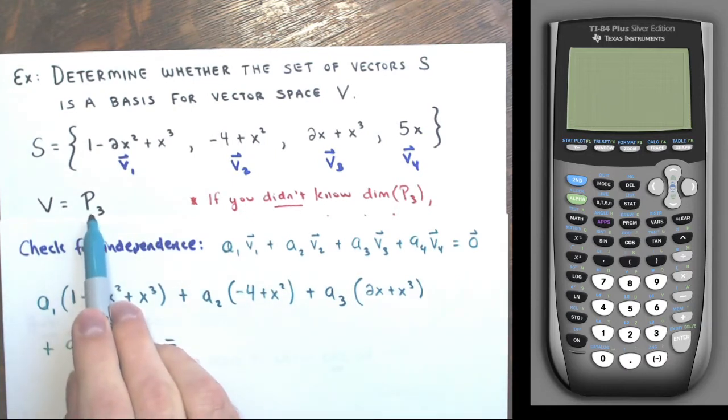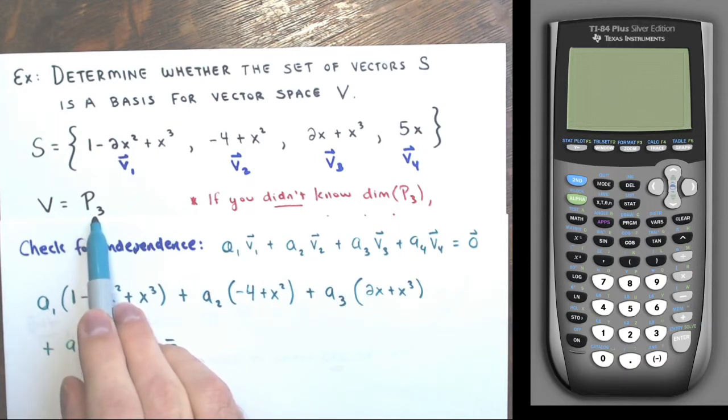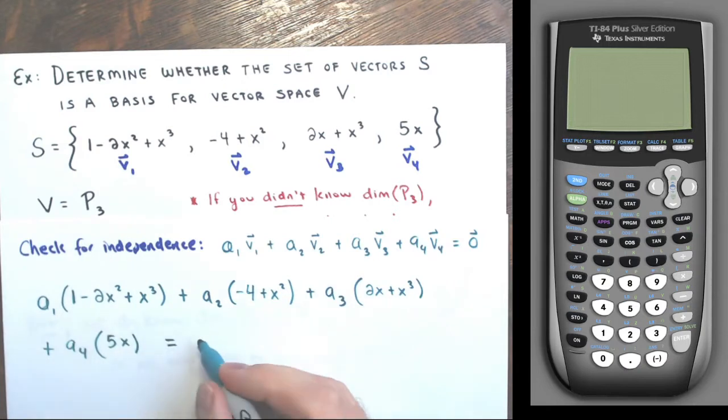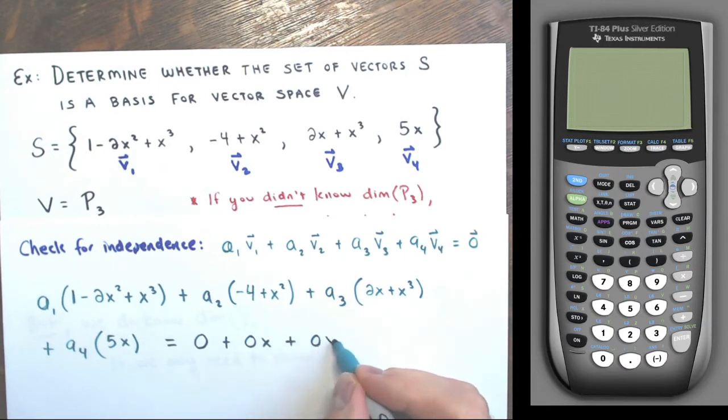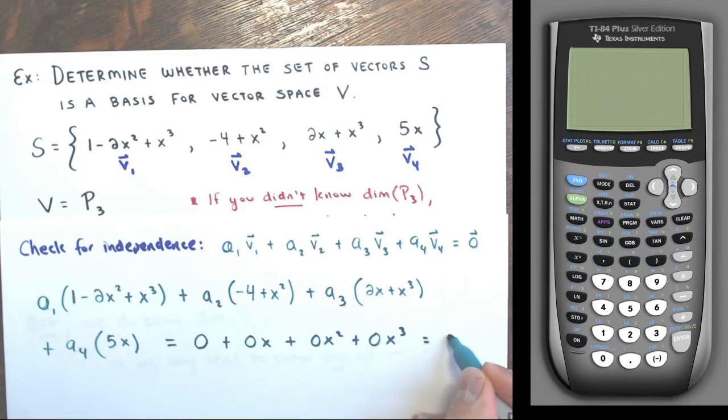Now in the set of polynomials of degree 3 or less, the 0 vector is the 0 polynomial. I could write it like this if I wanted: 0 plus 0x plus 0x squared plus 0x cubed. But again, that's just 0. This is what every polynomial in P3 looks like: a constant plus a scalar times x plus a scalar times x squared plus a scalar times x cubed.